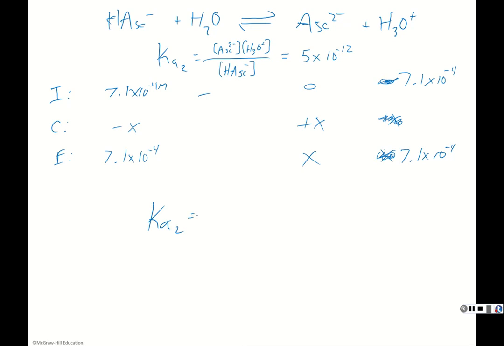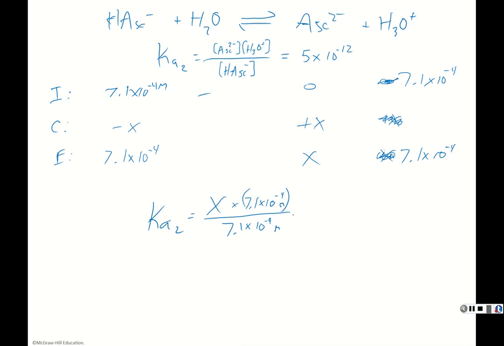Okay, so we have X for the ASC2 minus concentration times 7.1 times 10 to the minus 4 molar for H3O plus, divided by our starting concentration, which again is 7.1 times 10 to the minus 4 molar.